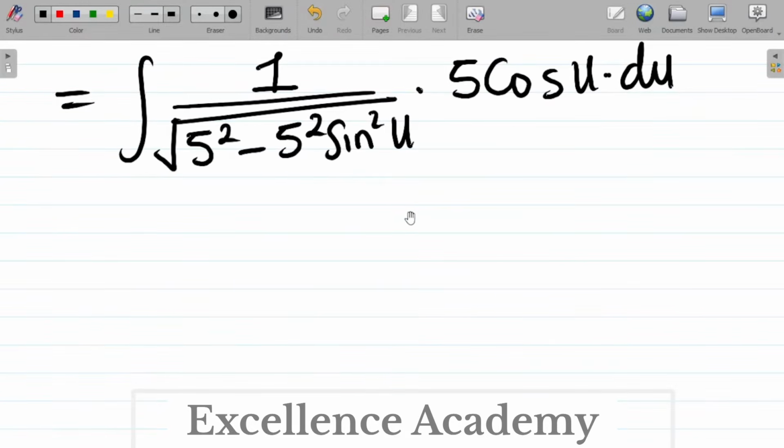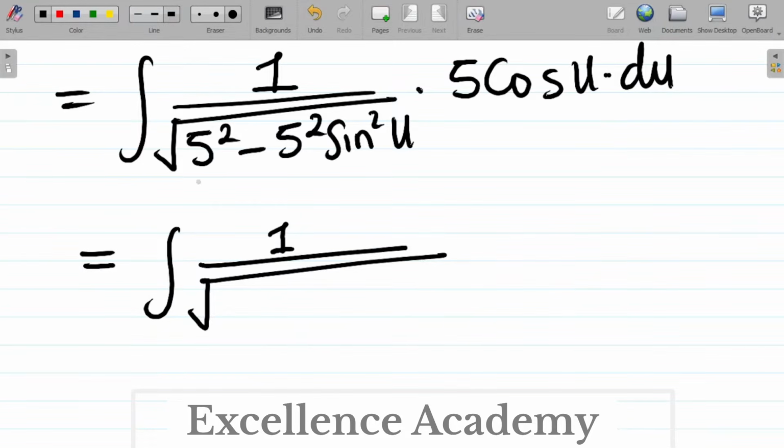Let's proceed. This will be equal to the integral of 1 all over the square root of, you can see 5 squared and 5 squared, so they can be factorized. If I bring out 5 squared here, 5 squared divided by 5 squared gives you 1. So that's 1 here, and you have the minus sign.